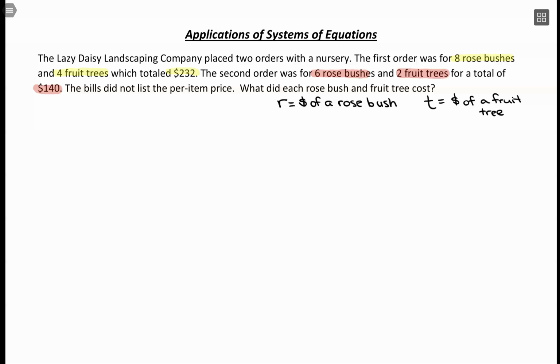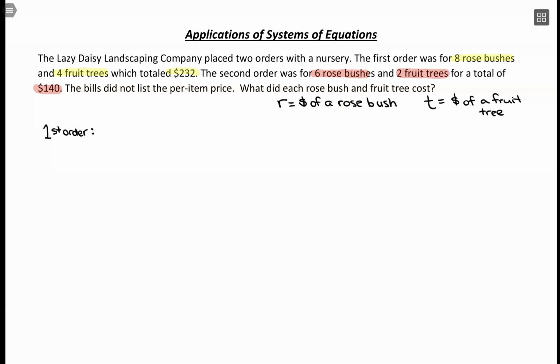So our first order, and that's going to make our first equation. So let's think about our first order and putting those pieces together. So we have 8 rose bushes, 4 fruit trees for a total cost of $232. So imagine a rose bush cost $2.